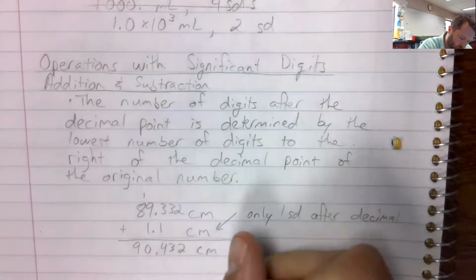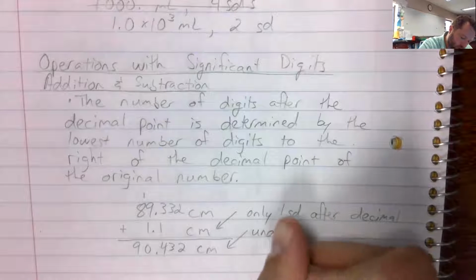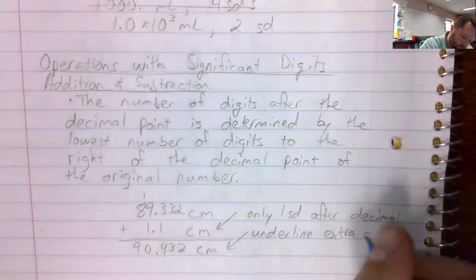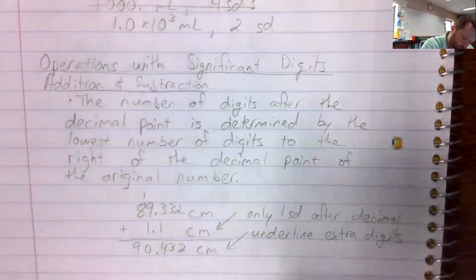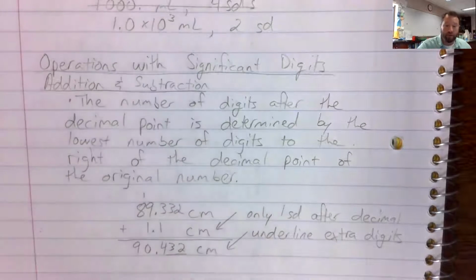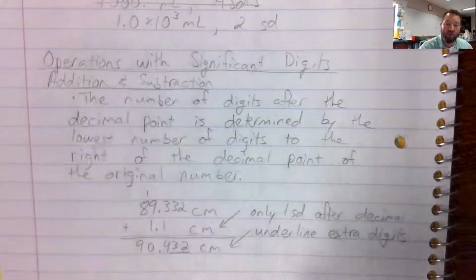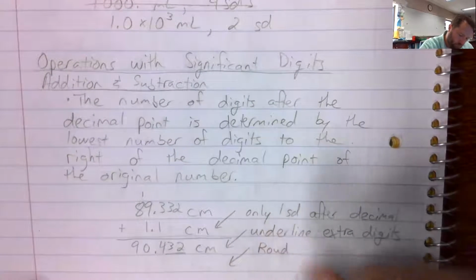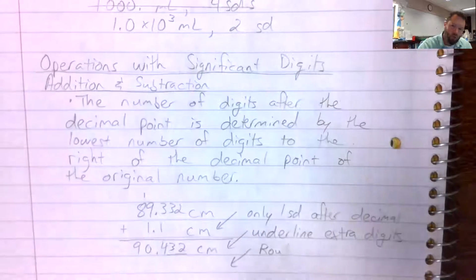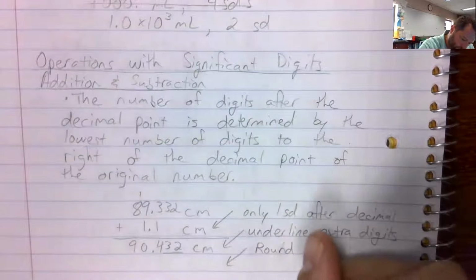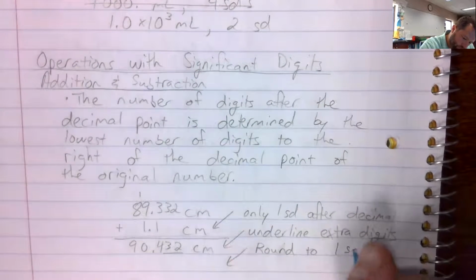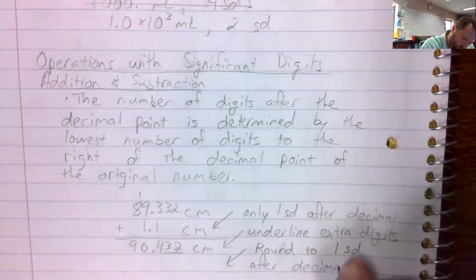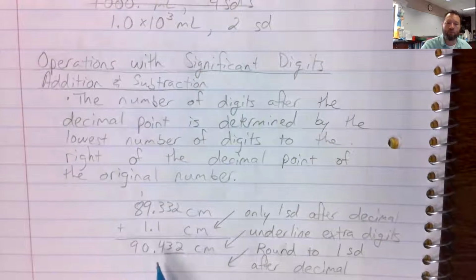So the next thing I like to do is underline my extra digits. So there I have my 3 and my 2 underlined. And then finally, for my final answer, I'm going to round just one place after the decimal.